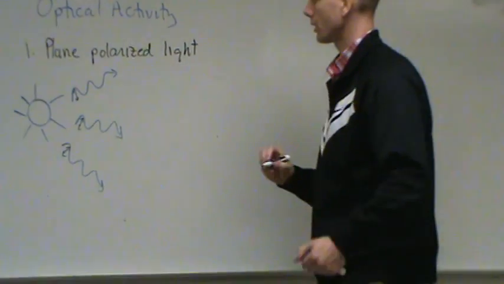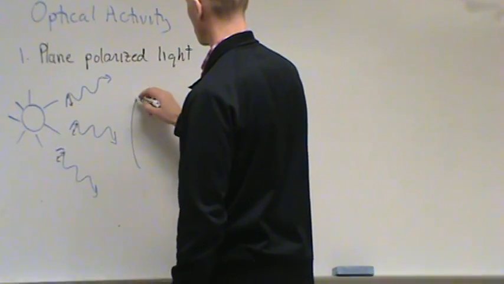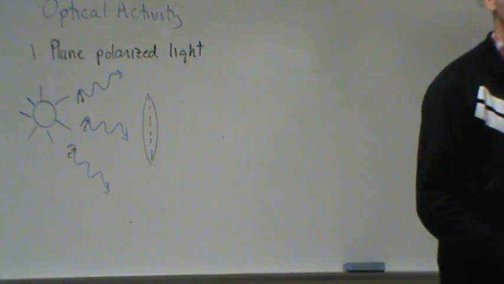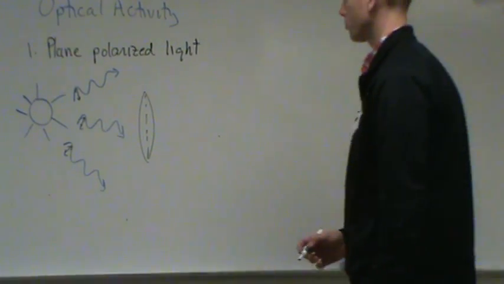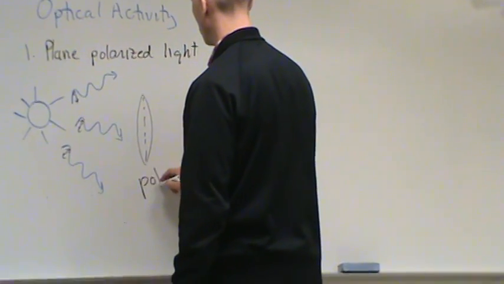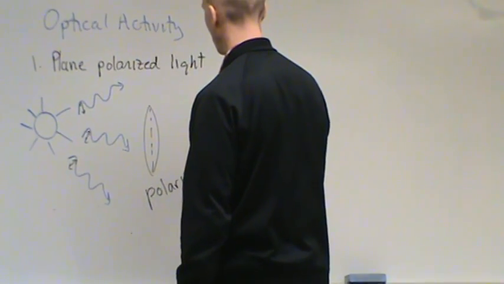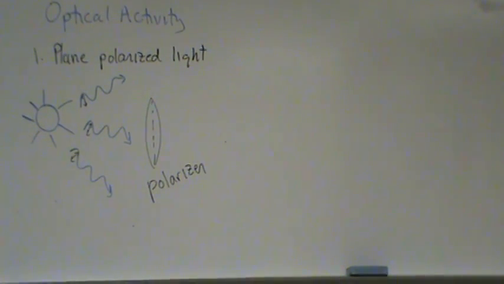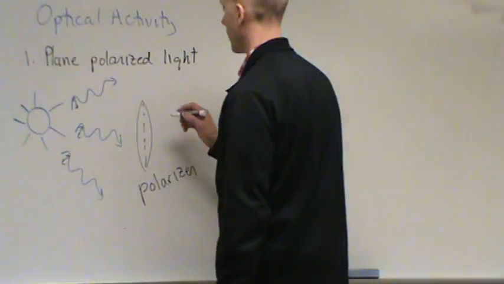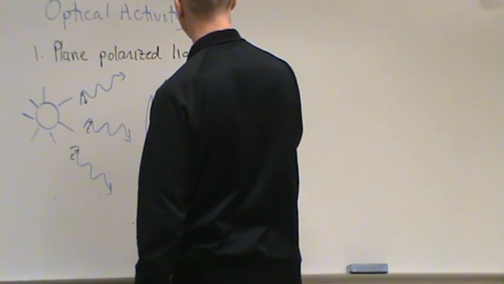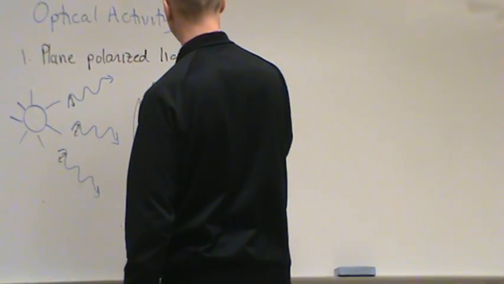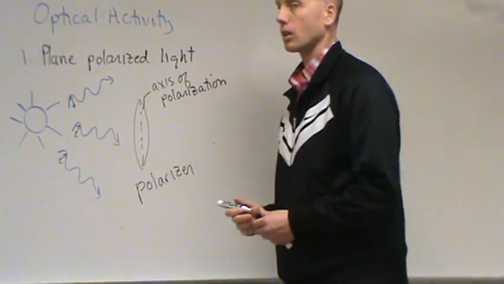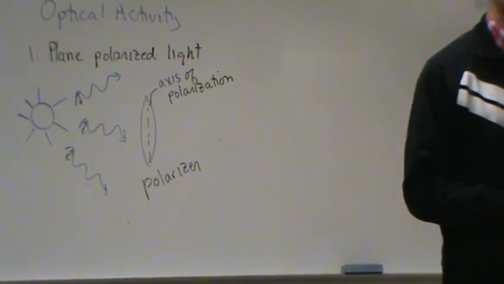Then what we're going to do is stick in front of this light source this thing here, that's called a polarizer. And if you look, this polarizer has this dotted line down the middle. That's called the axis of polarization.